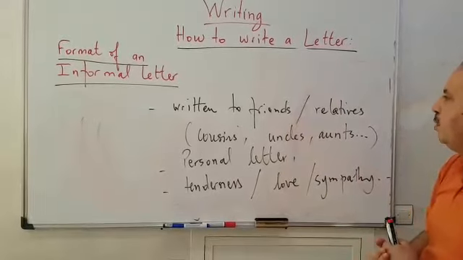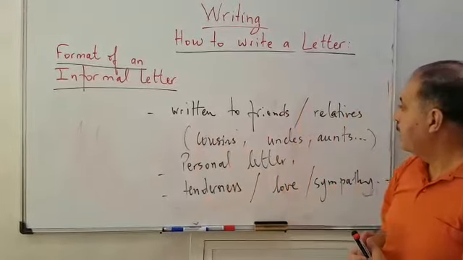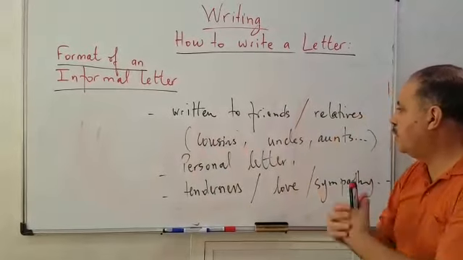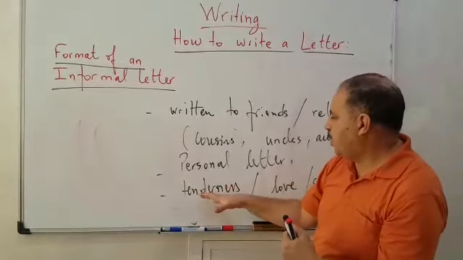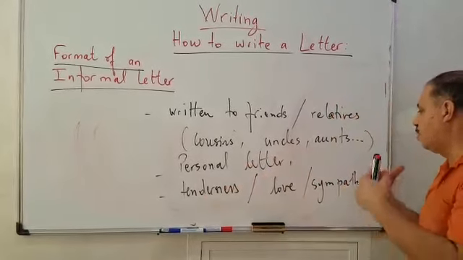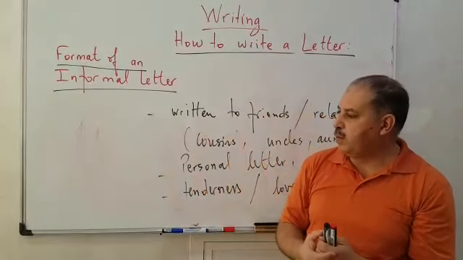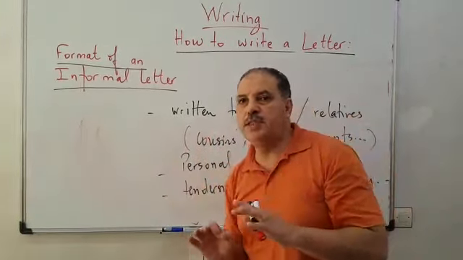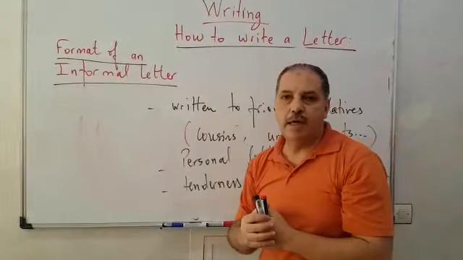We understand that we are writing this informal letter to friends, and we use these expressions of tenderness, love, and sympathy. So that's all for the informal letter, but the main thing to retain is please try to remember this format of the informal letter.